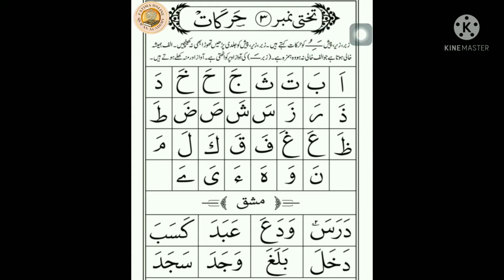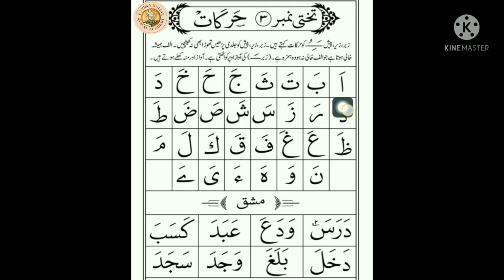Next point, about alif. When alif is alone, then it is called alif. If alif has any signs or symbols upon it, like Zabar, Zair, Pesh, or other signs like tanween or nun sakin, then it is called hamza, and it is pronounced as hamza, not as alif. For example, here alif has zabar upon it, so it is called hamza zabar a, but not alif zabar a. Always remember, when alif is alone, it is called alif.